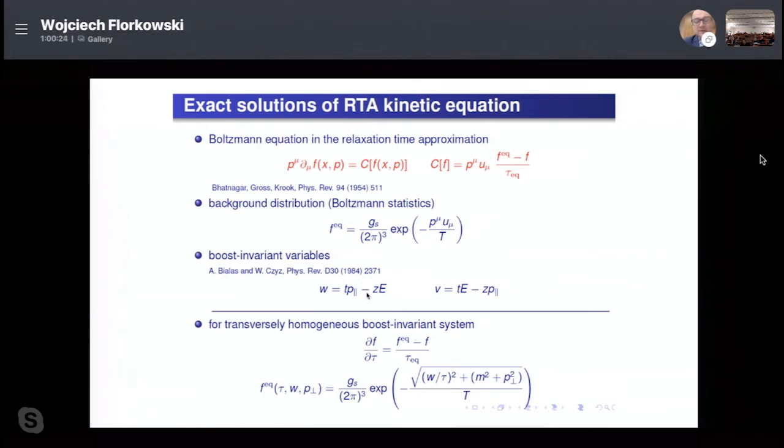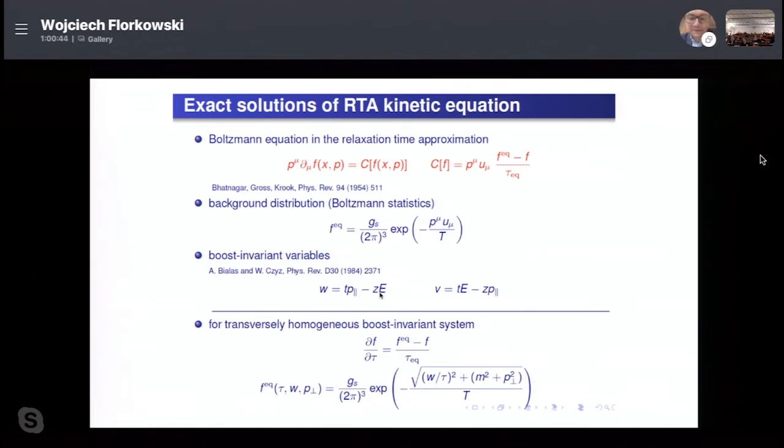We can think that w is like the longitudinal momentum, because for the boost-invariant system, everything that happens at the plane z equal to 0, so at mid-rapidity exactly, happens in copies for finite values of z.